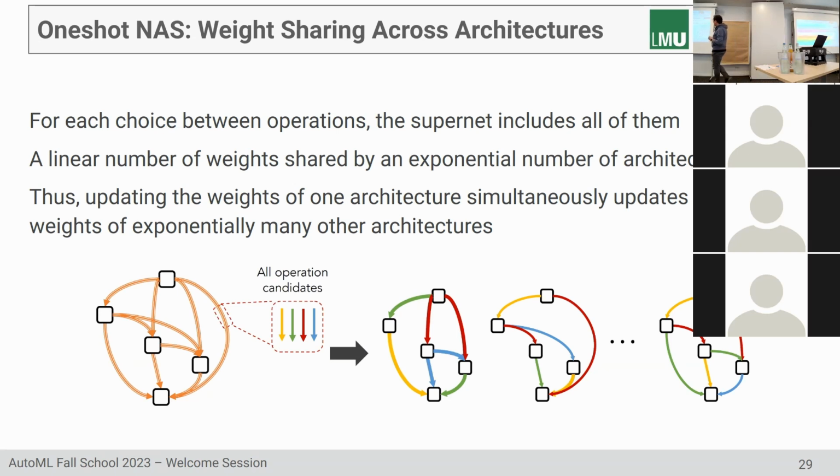And the cool thing about this is that on the left-hand side we have the supernet, which defines the overall search space. And by selecting a subset of these edges, we can get a subnet, which is also considered a candidate and is used for training.